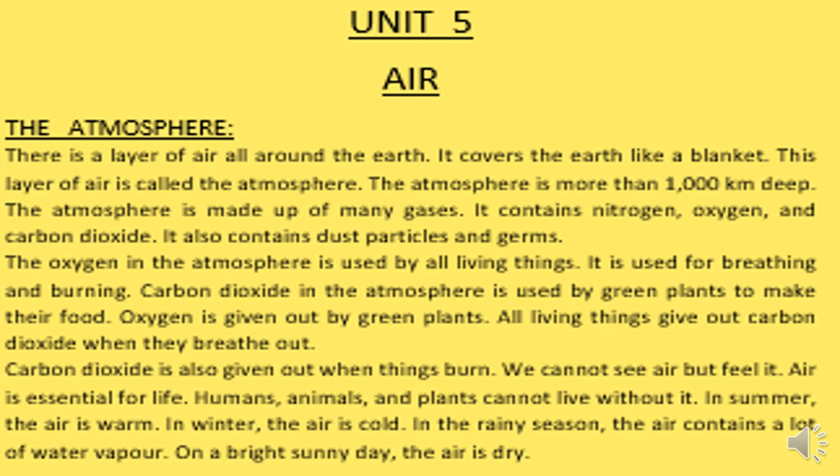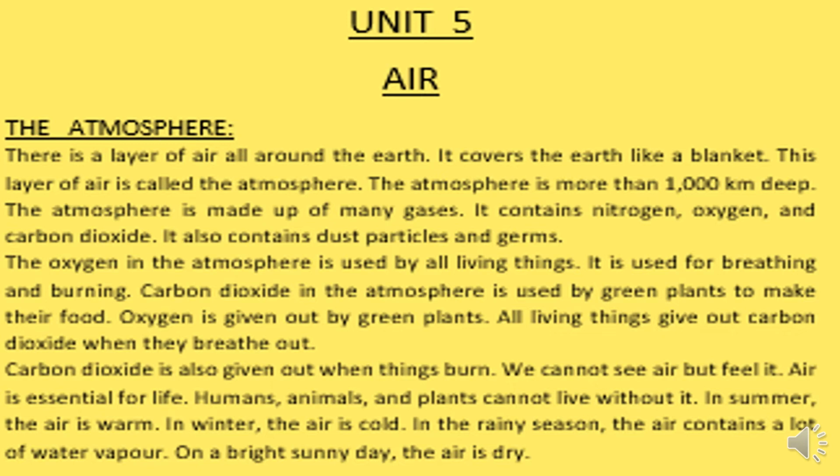Carbon dioxide in the atmosphere is used by green plants to make their food. In the same way, plants need carbon dioxide to make their food. When we breathe, we take in oxygen, and this oxygen is given to us by plants.